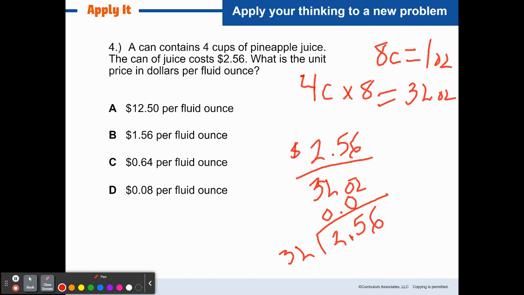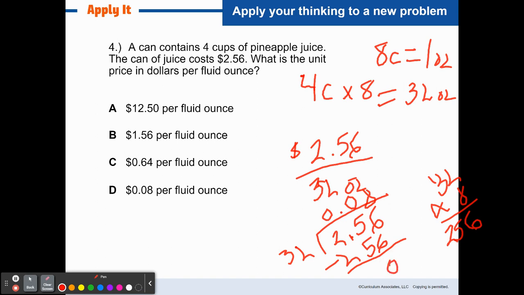So let's try 32 times 8. 8 times 2 is 16, so 6 carry the 1. 8 times 3 is 24, plus 1 more is 25. Awesome. So we are multiplying by 8.